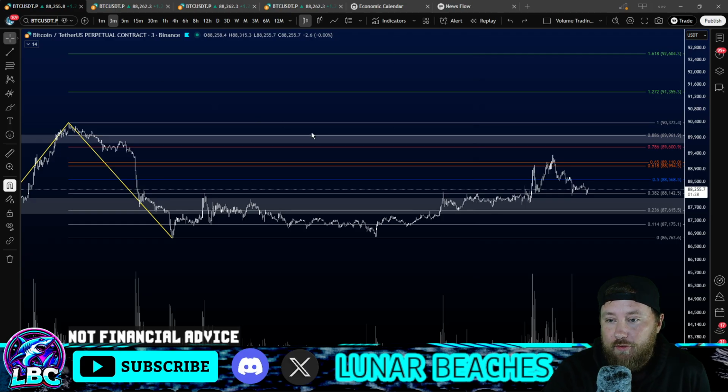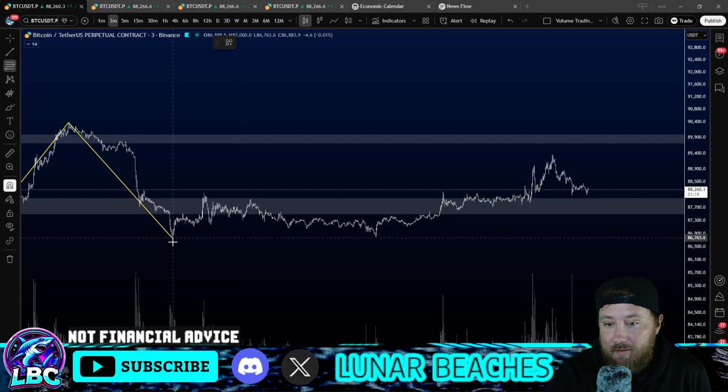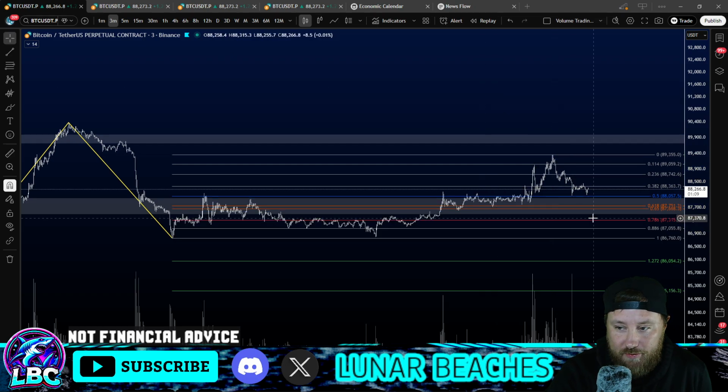Now, if we want to enter on a pullback, we can see price is trading to the upside here. This isn't really the best price action to do this on. But if I'm looking for a pullback entry, I'm looking for a pullback to these levels, either the golden pocket or the 50% retracement, the golden pocket, or the 0.786.